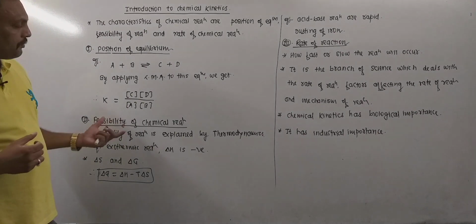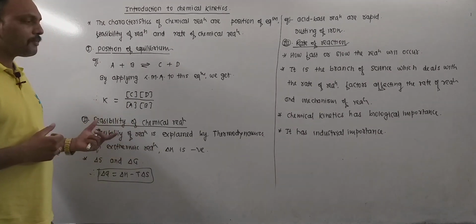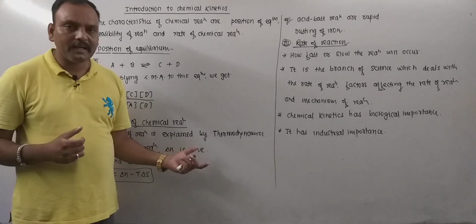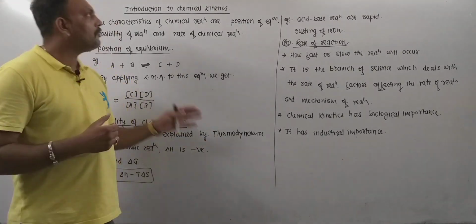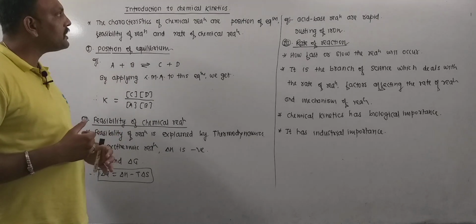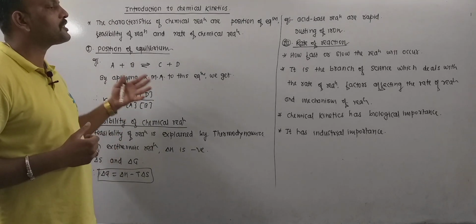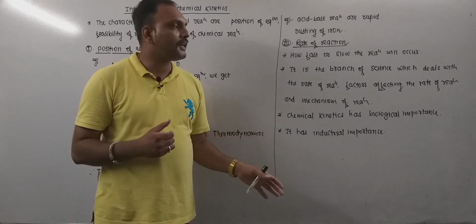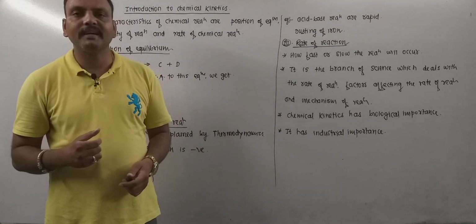Another big thing, feasibility of chemical reaction, is part of the discussion and is very well explained by thermodynamics. But right now our discussion is chemical kinetics, which explains the rate of reaction, factors affecting the rate, and the mechanism of chemical reaction.